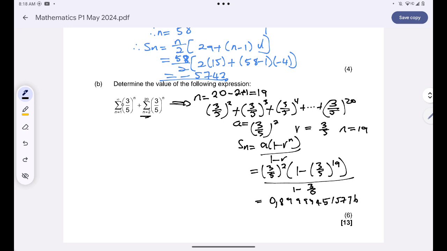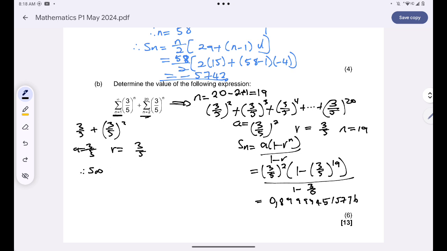And then now let's check the sum to infinity. I only need the value of a and r here. The value of the first term is simply 3 over 5. Remember that right now it's different because I'll start by substituting the value of 1 whenever I see n. So I'll say 3 over 5 plus I'll have (3 over 5) squared, right? So a is 3 over 5, r is also 3 over 5.